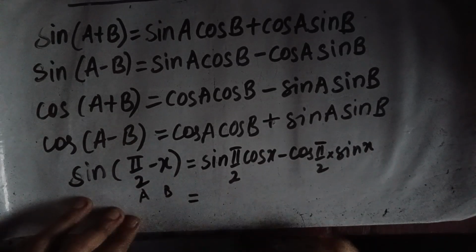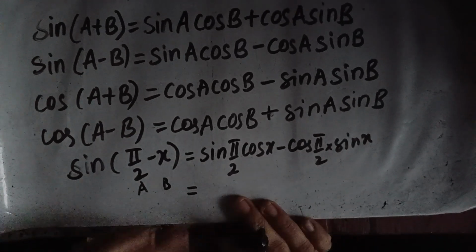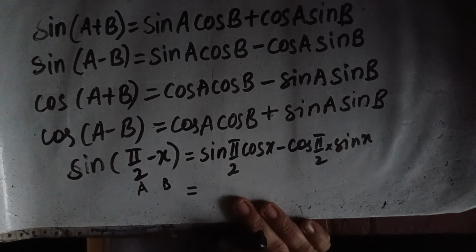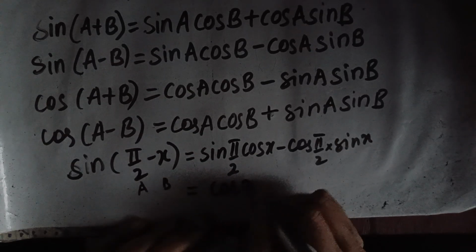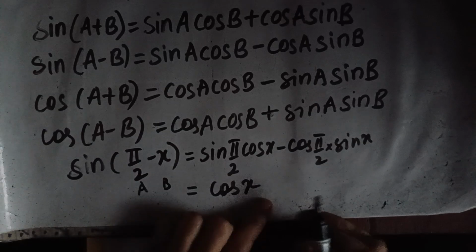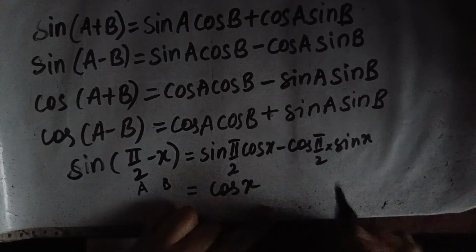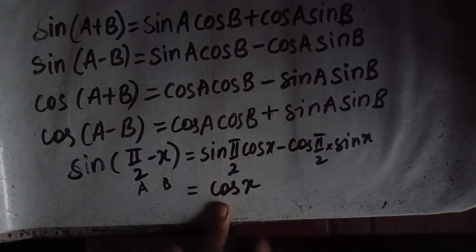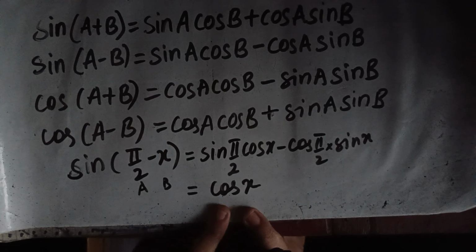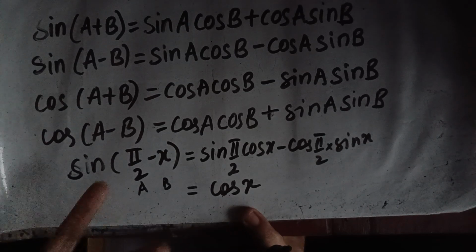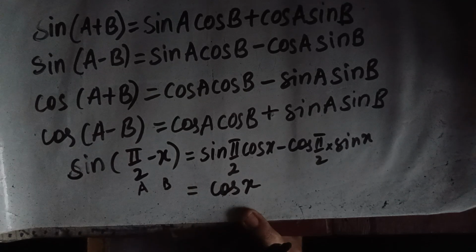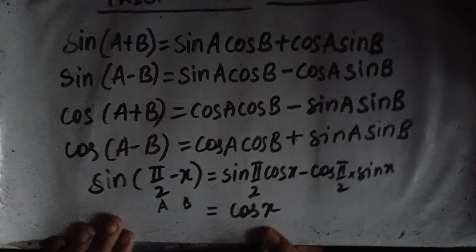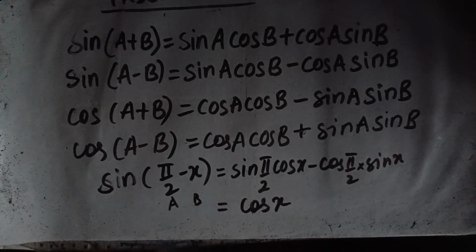What is sin 90? 1. So 1 into cos of x is cos of x. Cos 90 is 0, so this term is 0. So you get cos of x. So you can use both the methods. You can use these identities or you can use that shortcut method to find out the solution.